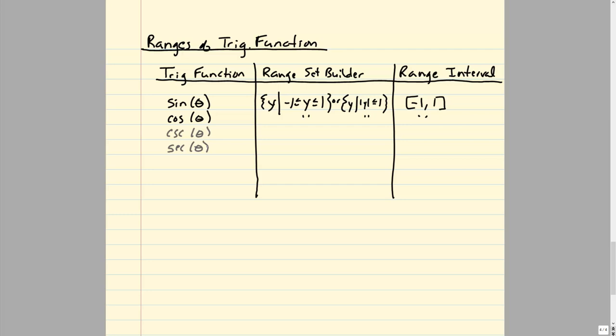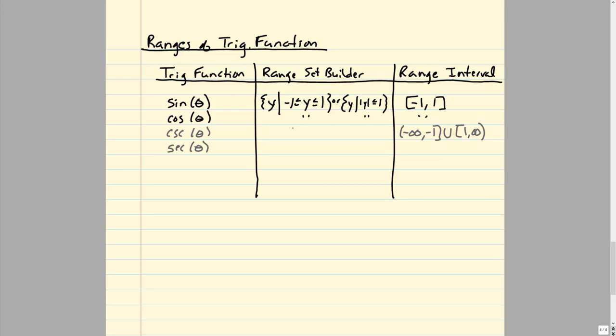So if you think about it, if I'm going between -1 and 1, the reciprocal of that would be outside of -1 to 1. So the way I could rewrite this one for cosecant is -infinity to -1, and I can include the 1 because the reciprocal of 1 is 1, the reciprocal of -1 is -1, union, and this means or, 1 to infinity. So reciprocal means I'm on the outside of that.